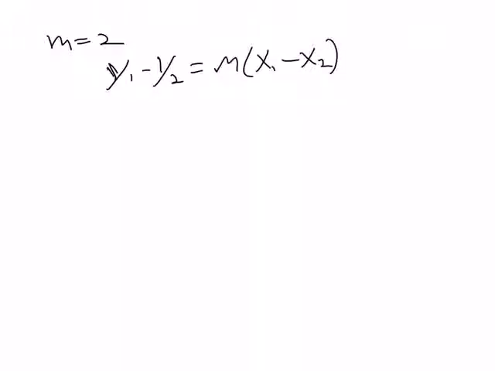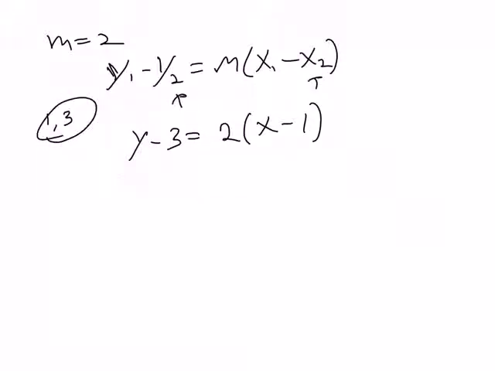And for us our m is 2, and the point is going to be 1 and 3, so it's going to be y minus 3 is equal to 2 times x minus 1, because it's the x2 and the y2 that we're plugging this into.